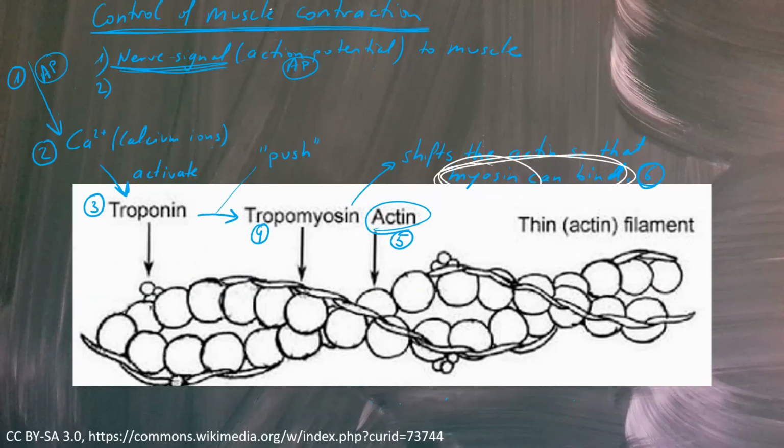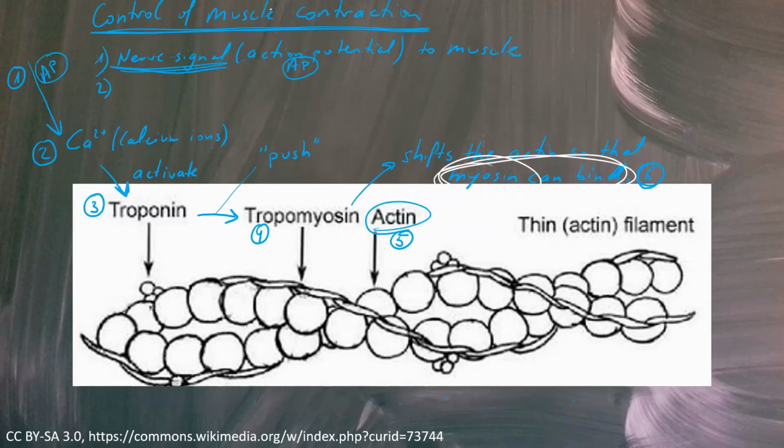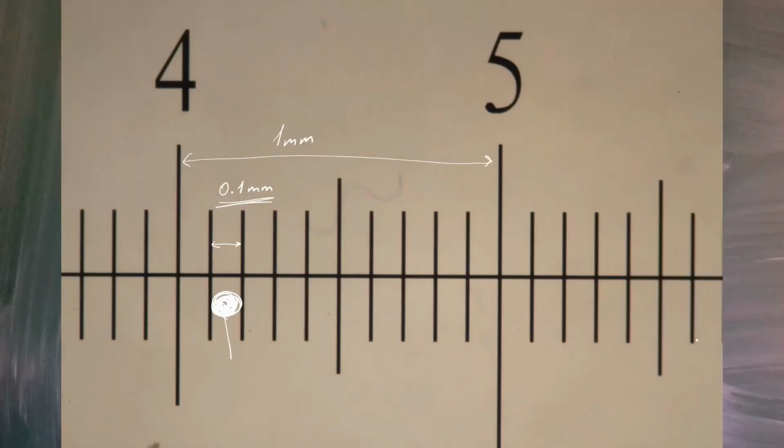Then we looked at different ways of how it can be drawn, and how it relates to a whole muscle. Down here we have different ways of drawing it, so you get used to slightly different ways of drawing it.